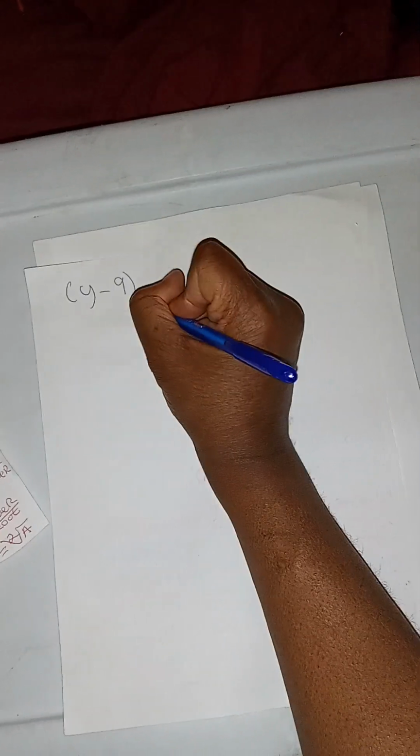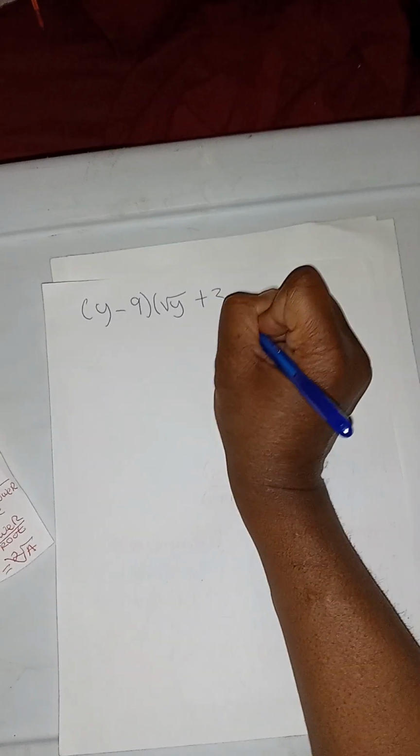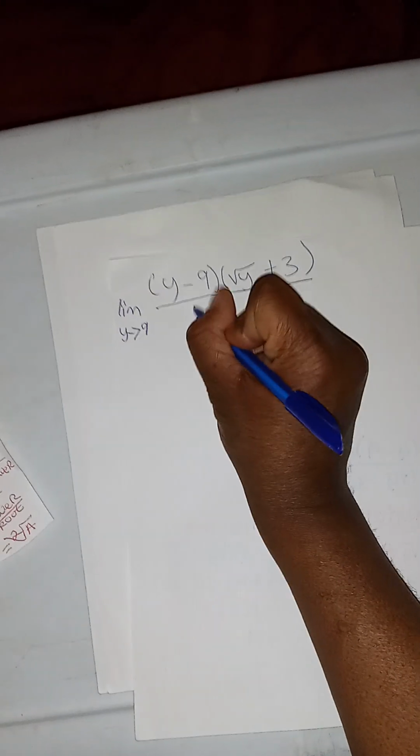So in our numerator, we have y minus 9 times the square root of y plus 3. And you have to put the limit as y approaches 9 up front. And all this divided by y minus 9.